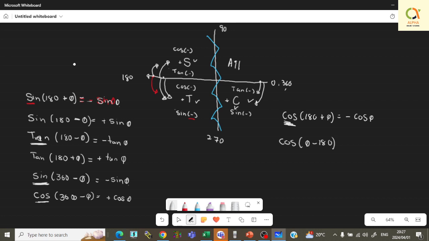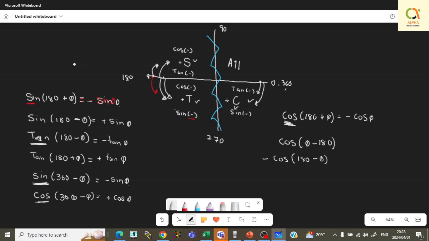So to correct this, I have to multiply by negative to make sure my reference angle becomes positive. Whatever is in here will be multiplied by negative, so minus theta minus 180 becomes positive 180, and theta times negative gives me negative theta. So now I already have my reference angle as positive.